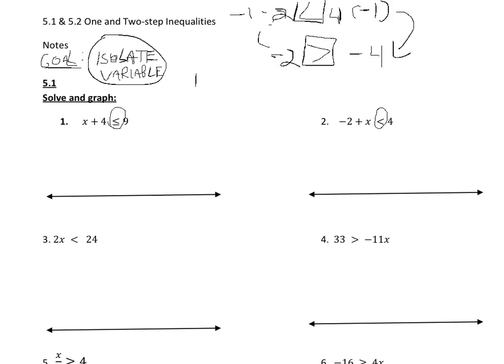This is a key rule. I would squeeze this in at the top. When multiplying or dividing both sides of an inequality by a negative, okay, so let's write this. I'll abbreviate some of it. When multiplying or dividing both sides by a negative, sorry for the sloppy handwriting.